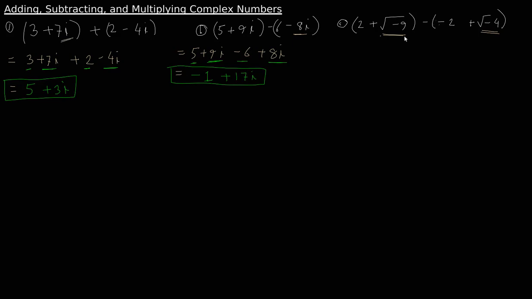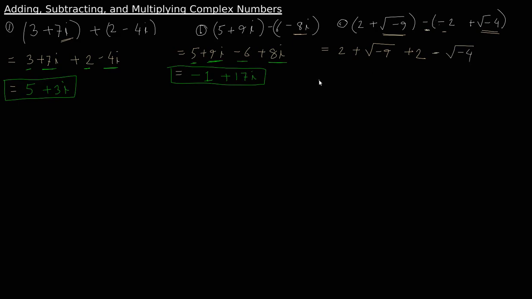So let's first take out the parentheses. So 2 plus square root of negative 9, and here negative multiplied by negative 2 becomes positive 2, and negative multiplied by positive, it will be negative square root of negative 4.